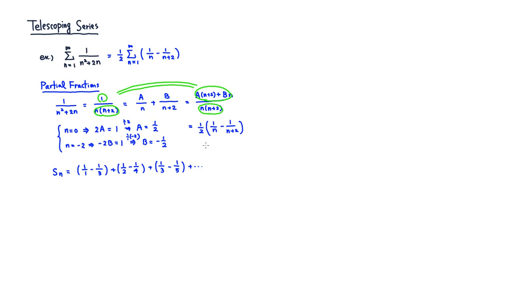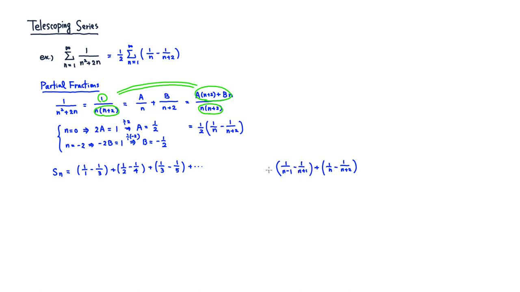All right, let's write down the last few terms. The very last term, the nth term, is 1 over n minus 1 over n plus 2. The previous term is 1 over n minus 1 minus 1 over n plus 1.